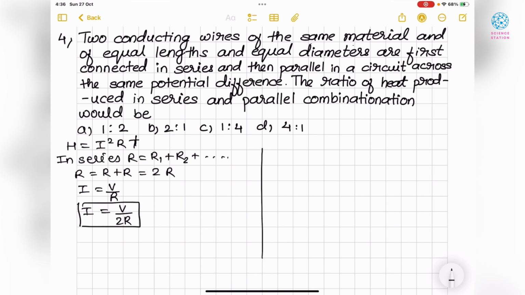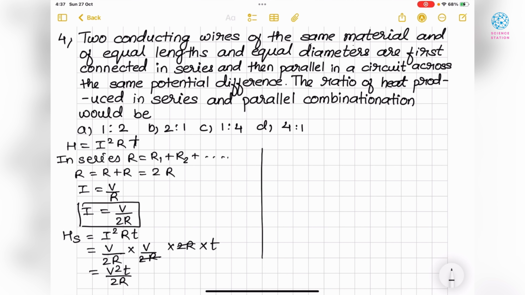Now H series will be equal to I square RT. So that will be equal to V upon 2R into V upon 2R into 2R into T. So 2R cancel. So this will be V square T upon 2R.